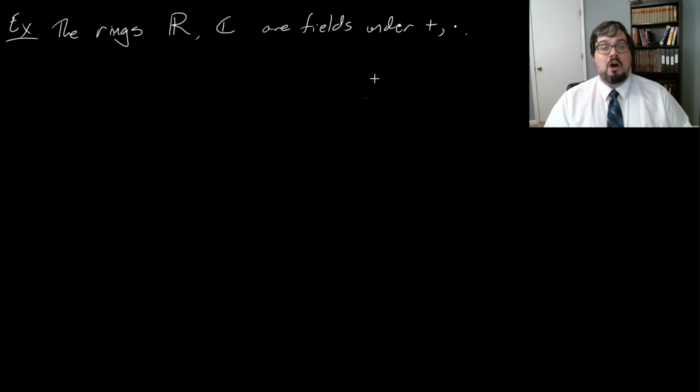These are far from the only fields. There are many, many fields that we work with, but these three fields, the rational numbers, the real numbers, and the complex numbers, are the ones that we're most familiar with and the ones that you should keep in mind when someone says, let me take a random field, unless they specify some other properties. So the sets of real numbers and complex numbers are also fields.